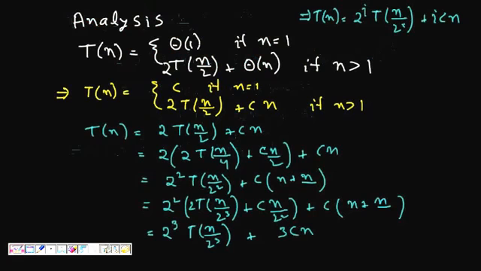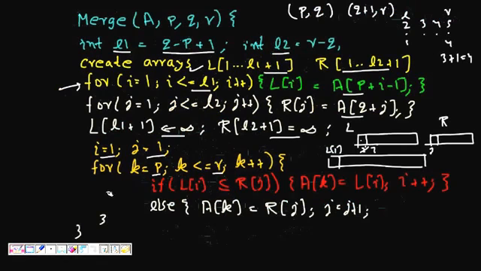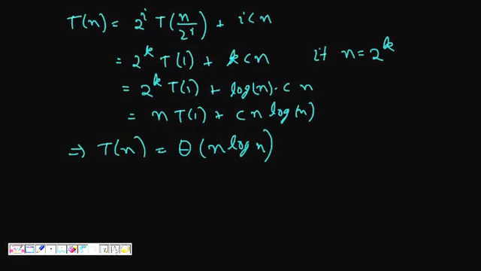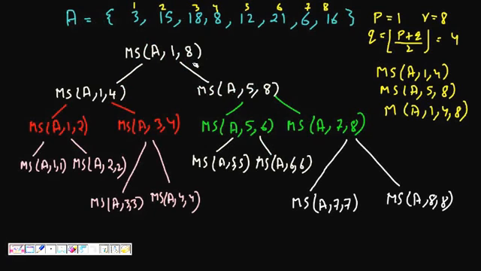Next, this merge is done, so we can merge two sorted arrays in theta of n time. Now we want to analyze merge sort. If I want to trace the merge sort algorithm on this array, initially I will call merge sort A[1..8].